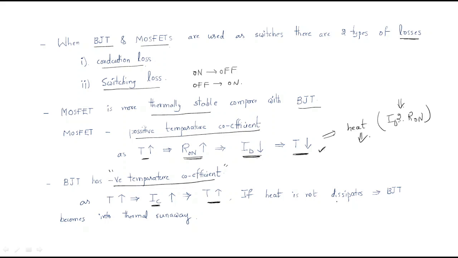If this heat is not dissipated, then the BJT goes into thermal runaway. That is the problem with the BJT. So that's why MOSFET has a positive temperature coefficient and BJT has a negative temperature coefficient. Understand? Right.